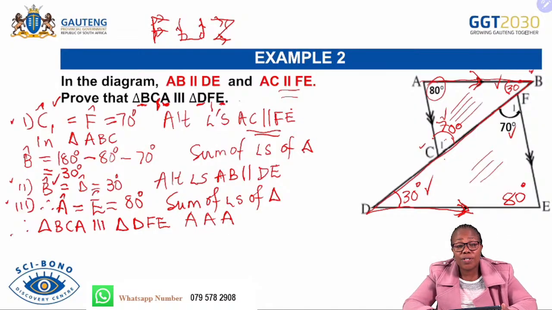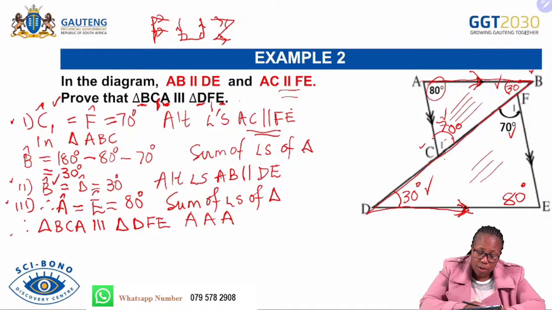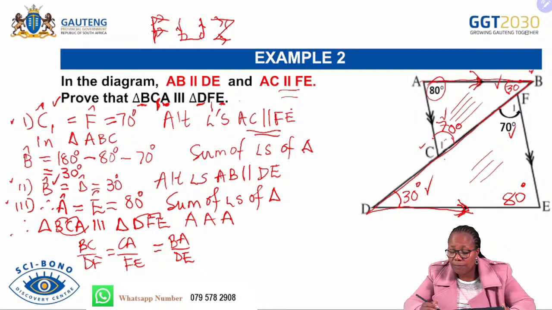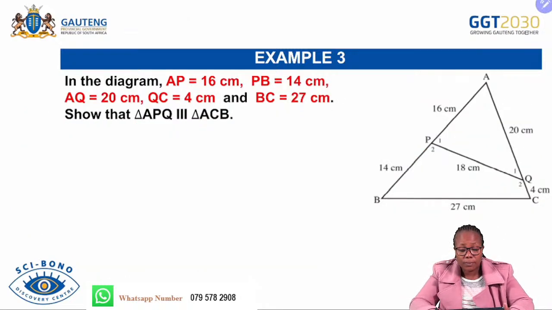Okay, can you now take a proportion ratio out of this similarity? Yes, we have BC over DF equal to CA over FE equal to, lastly, BA over DE. Okay, that comes out of the similarity.